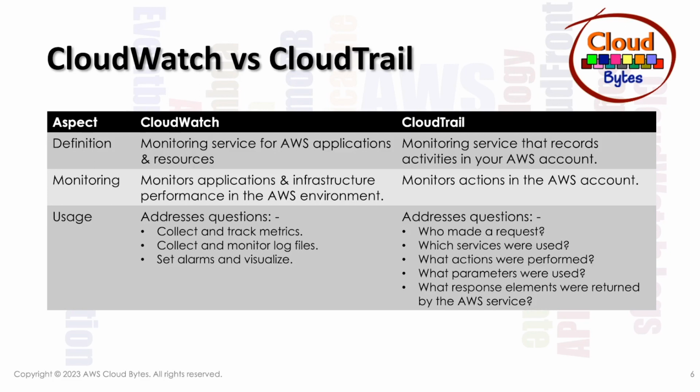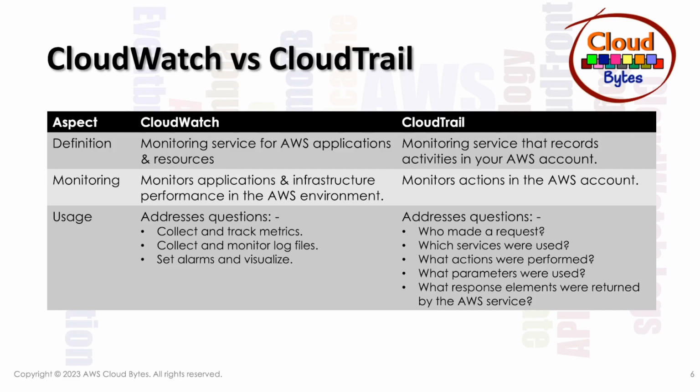So monitoring is basically capturing all those API calls that you're making through either the console sign-in or by using the CLI. The monitoring aspect is that CloudWatch monitors applications and infrastructure performance in the AWS environment, while CloudTrail monitors actions in the AWS account. What is the usage of CloudWatch?